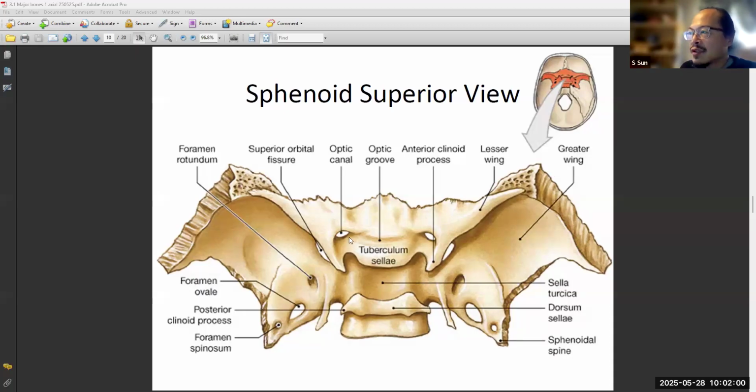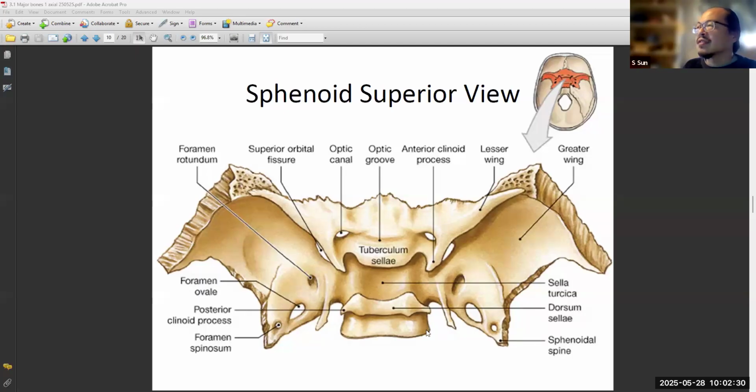On each side, you also have five holes. You have the optic canal to connect with the vision. Between the lesser wing and greater wing, you have the superior orbital fissure. This one is the foramen rotundum. This one is the foramen ovale, and this one is the foramen spinosum.